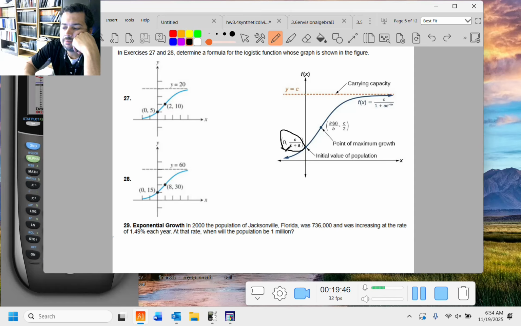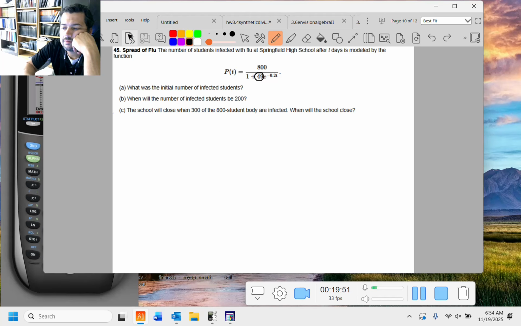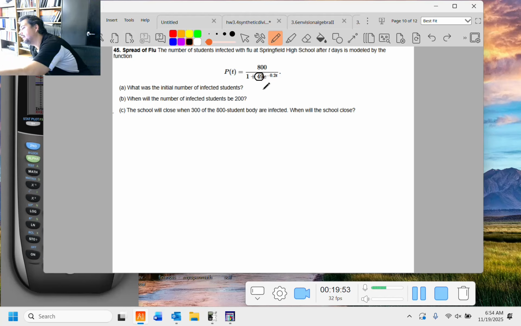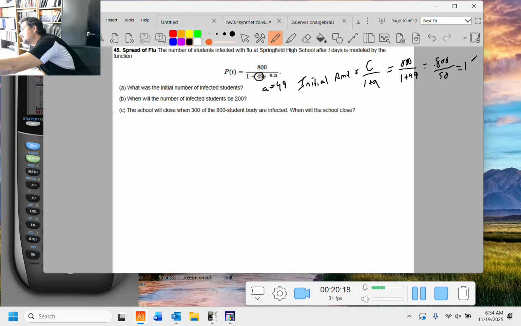It's C over 1 plus A. So A is 49. The initial amount is equal to C over 1 plus A. All right, so C is 800. 1 plus A would be 1 plus 49. This is 800 over 50. And you just do the math, right? It looks like 16 kids.